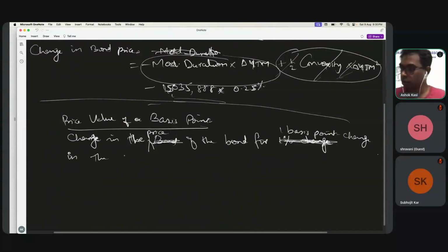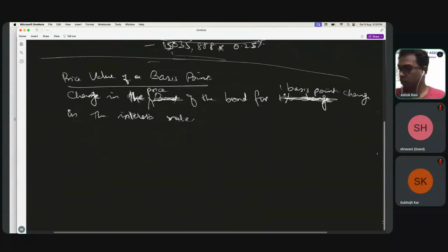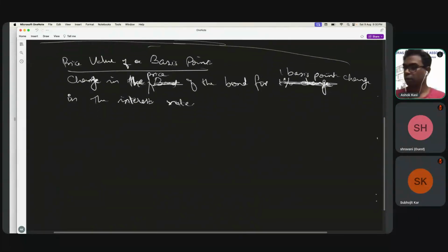What is 1 basis point that we need to see? Change in the price of the bond for 1 basis point change in the interest rate.